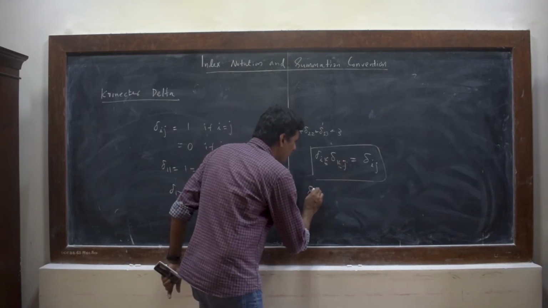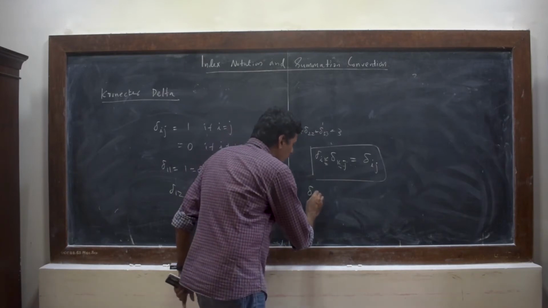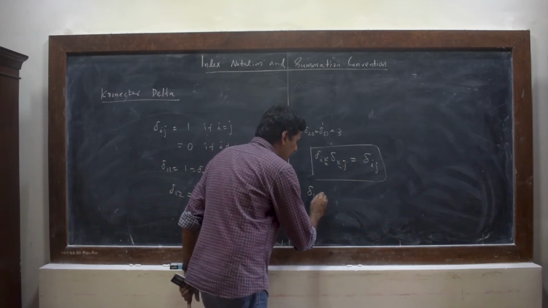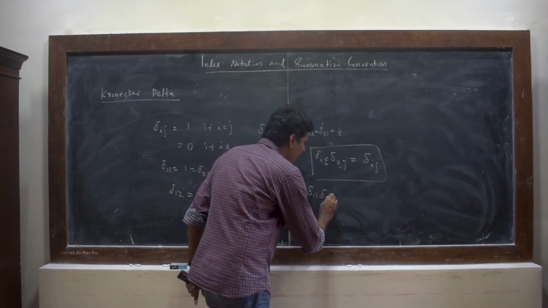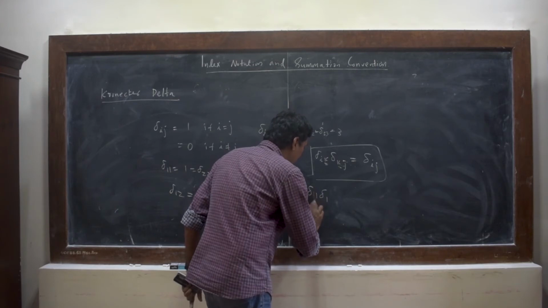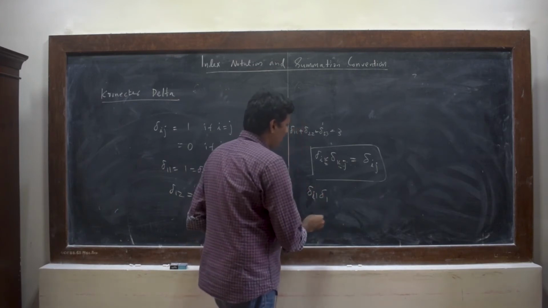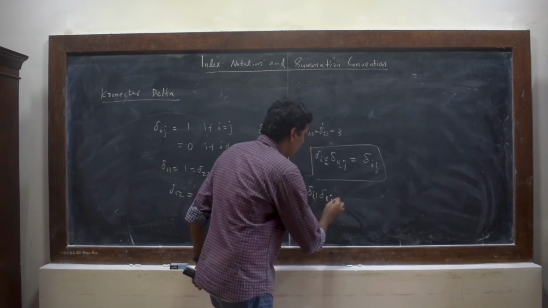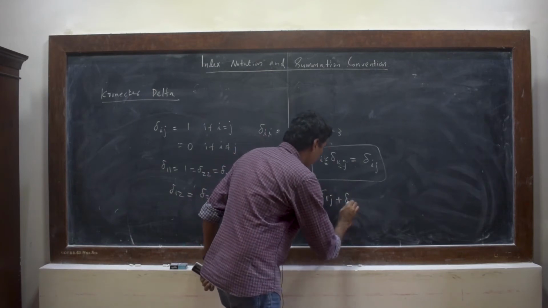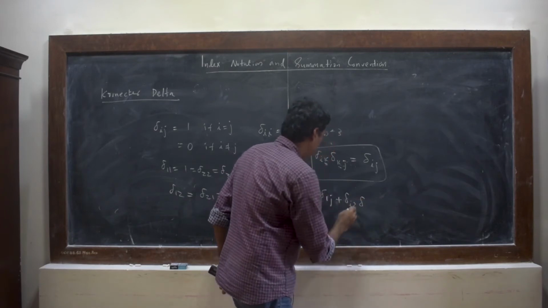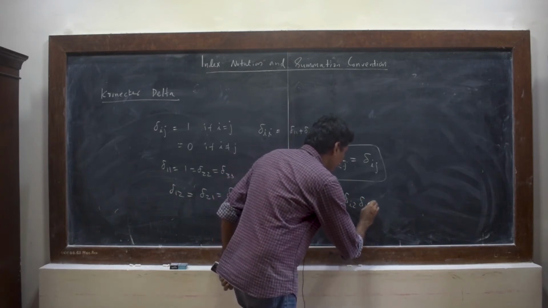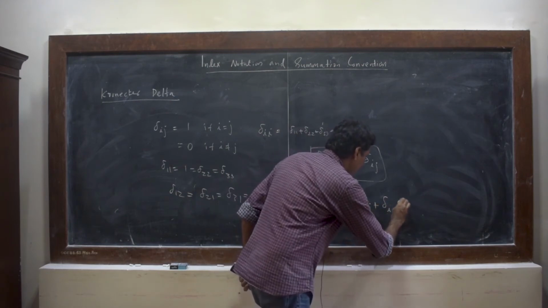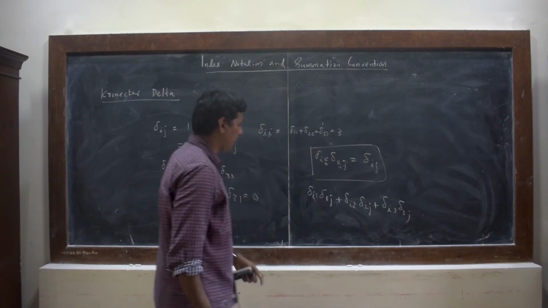So if it is in 3 dimensions, you will get delta i1 delta 1j plus delta i2 delta 2j plus delta i3 delta 3j.